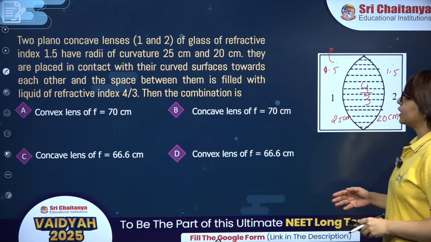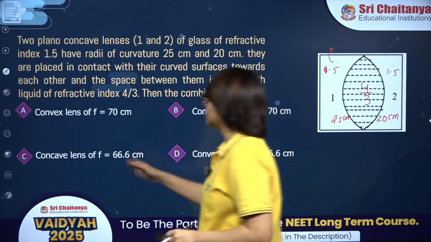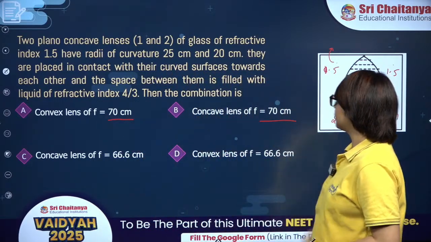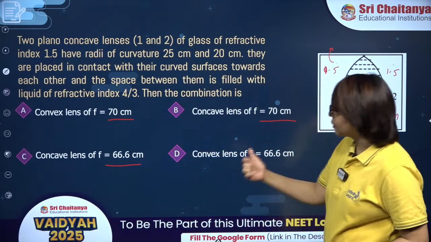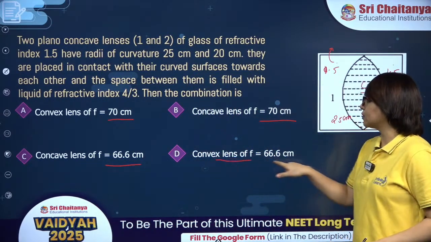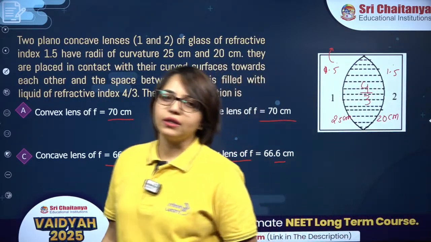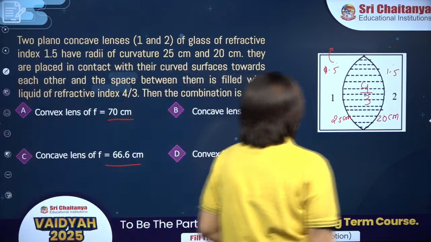Then the combination is behaving like what? Convex lens of focal length 70 centimeter, concave lens of focal length 70 centimeter, concave lens of focal length 66.6 centimeter, or convex lens of focal length 66.6 centimeter. Try this one. It will take some time, but I think you will be able to do it easily.